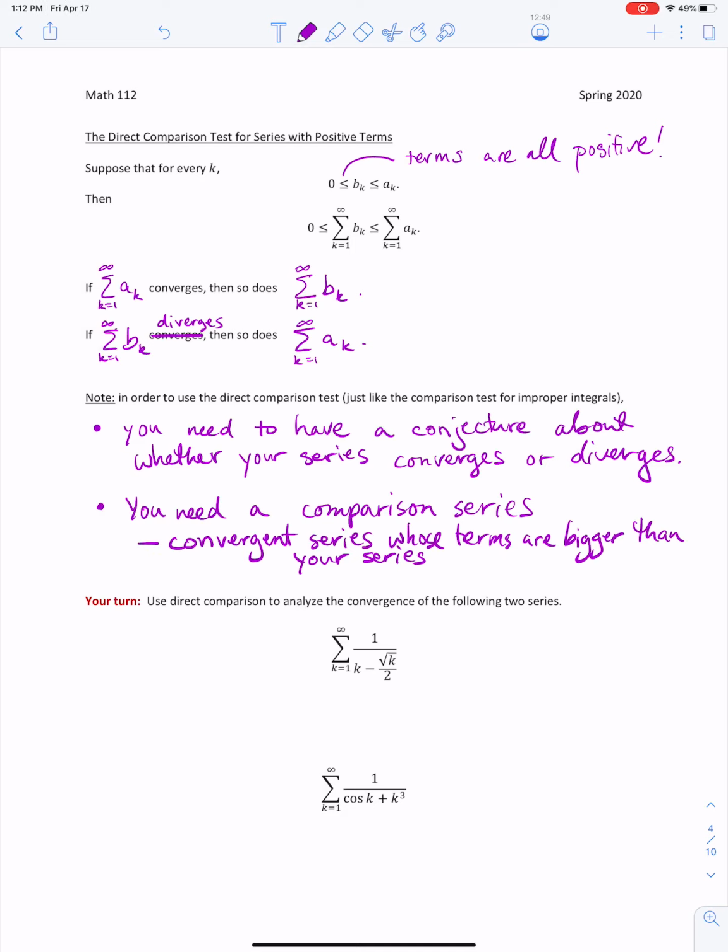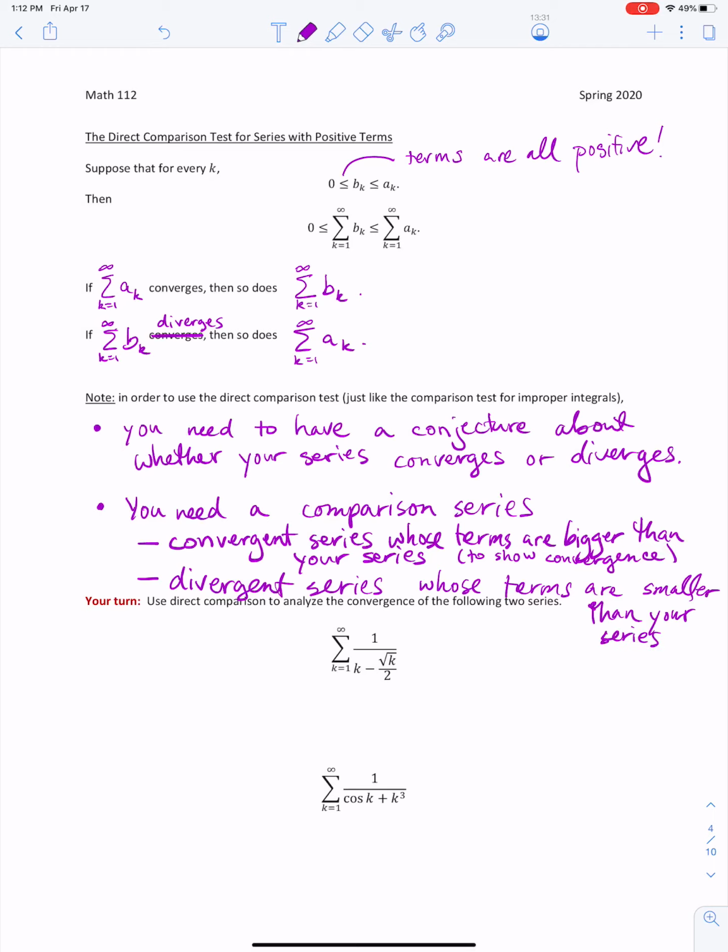If you guess that your series converges, that's the case. On the other hand, if you have guessed that your series diverges and you want to show divergence, you need to find a divergent series whose terms are smaller than your series.